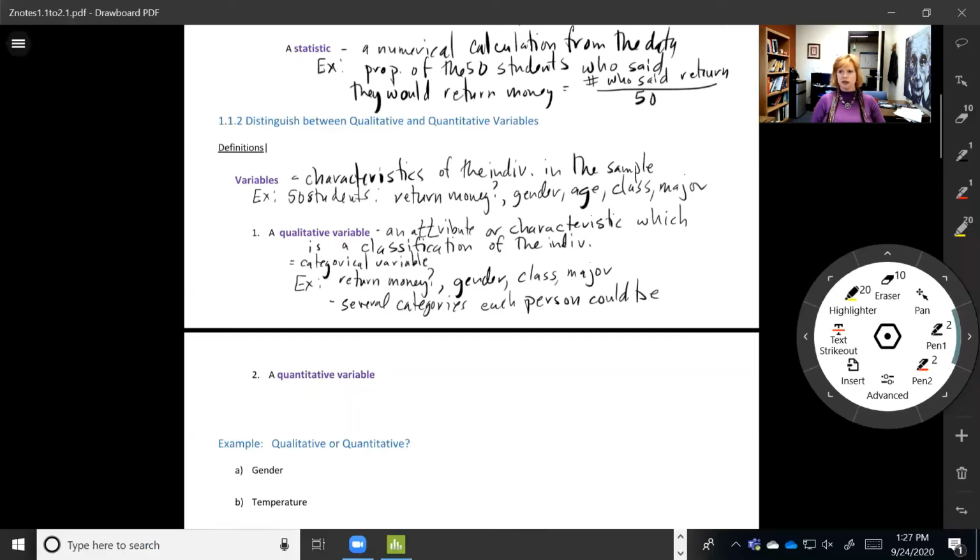Okay, a quantitative variable, that's my other main type. This is going to be a number, right? A quantitative variable provides a numerical measure, a number, of each individual.